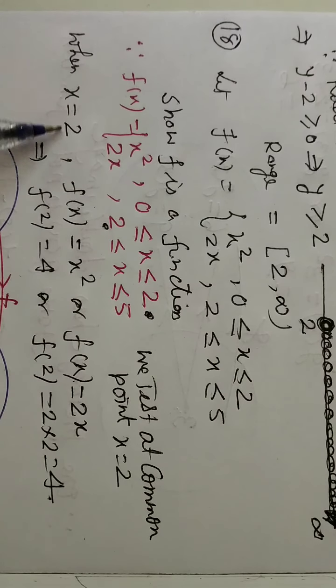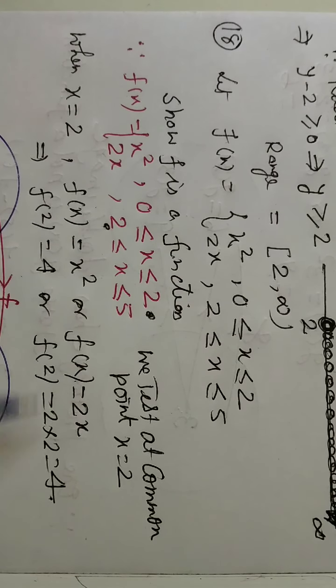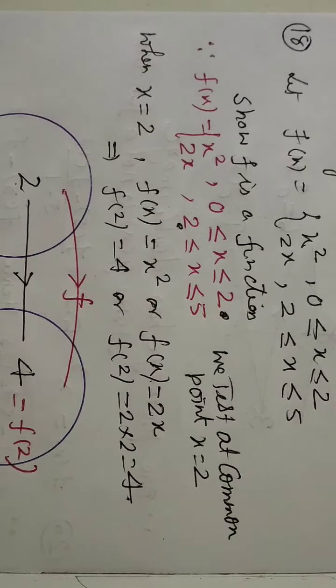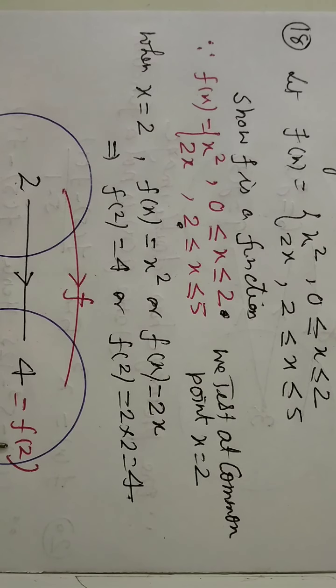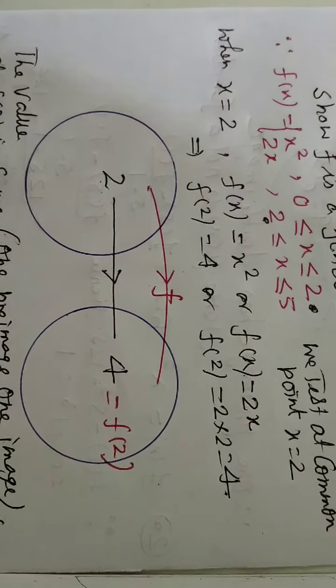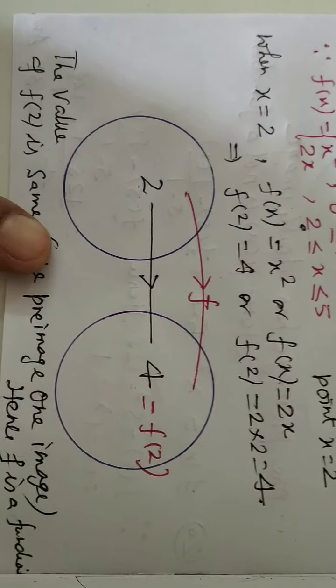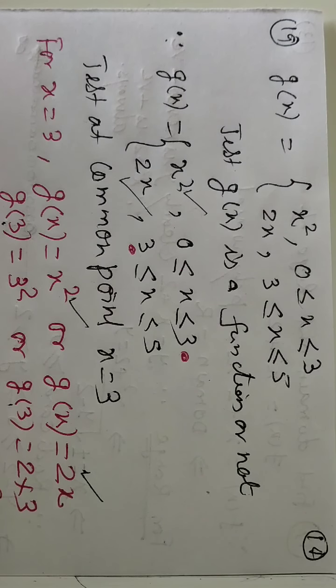So we select x equal to 2 and put it in both f(x) equal to x squared and f(x) equal to 2x. We are getting 4 and 4. So in both cases 2 is going to 4, and this is called f(2). So the value of f(2) is the same. One pre-image has one image, so this is a function.